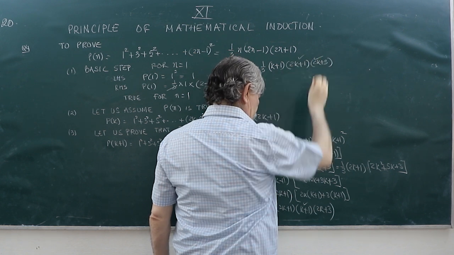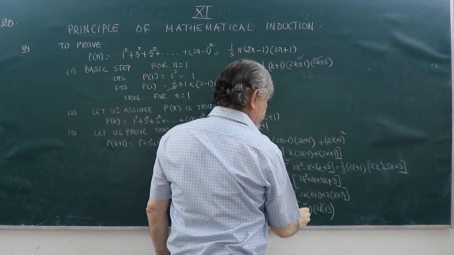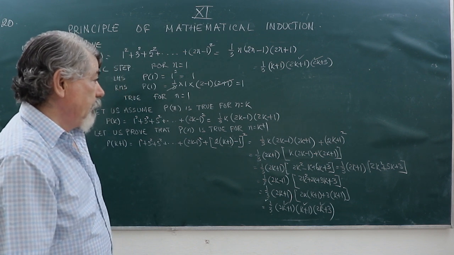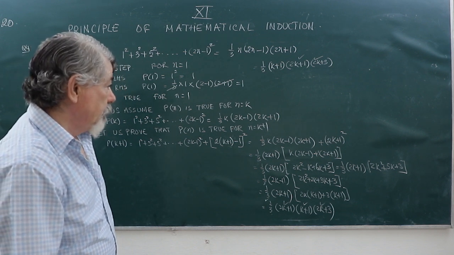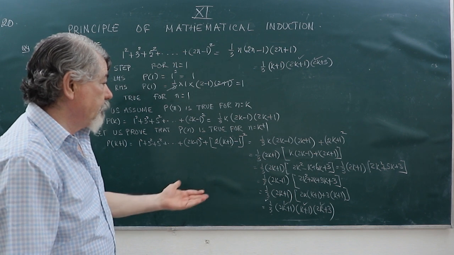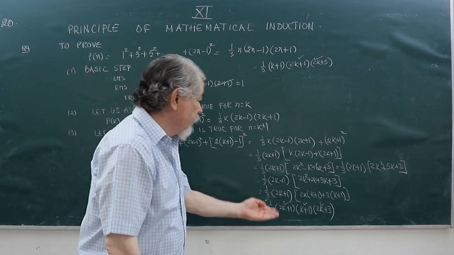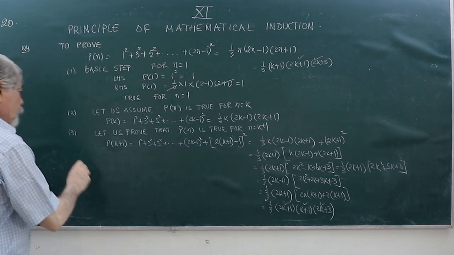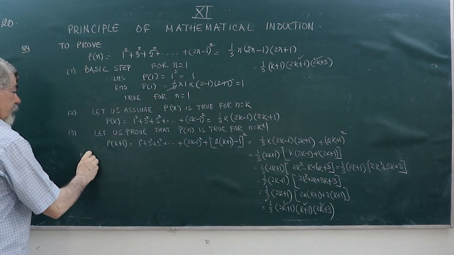So you get all the values: 2k plus 1, 2k plus 3, k plus 1, 1 upon 3. So it is 2k into k plus 1, 2k plus 1, 2k plus 3. So it is true.